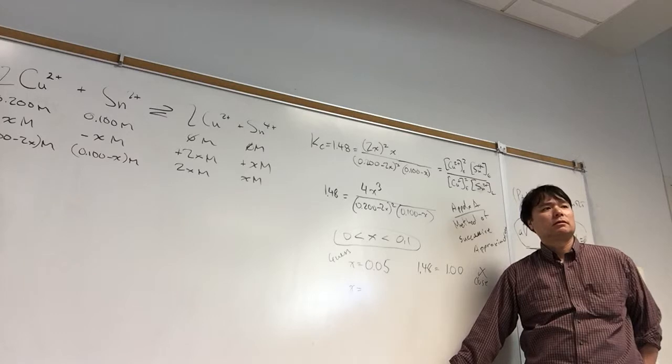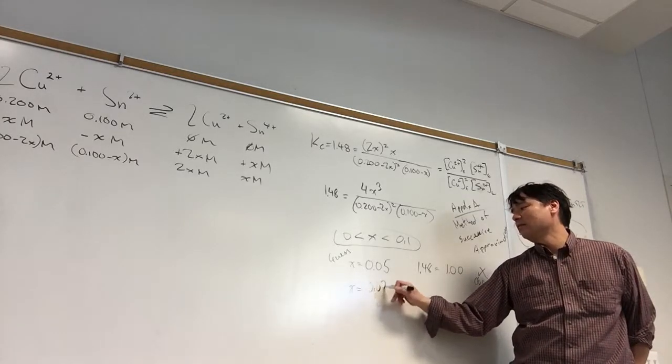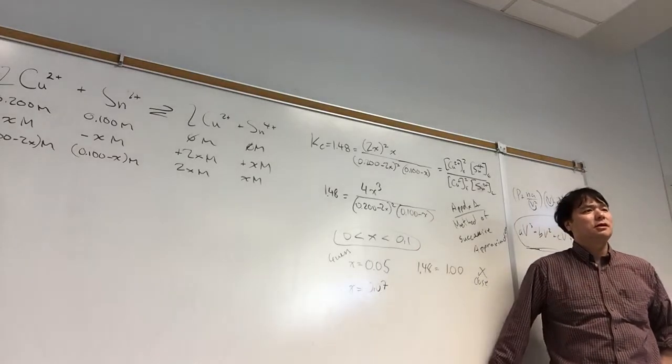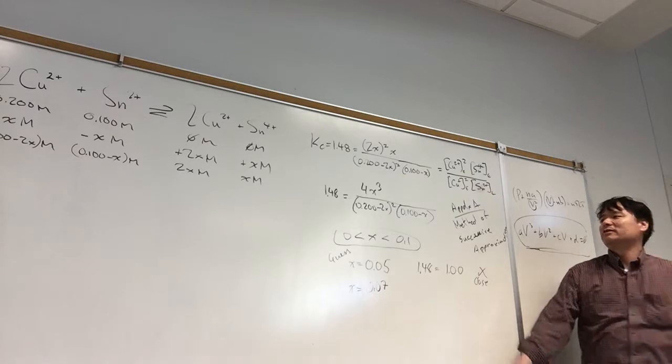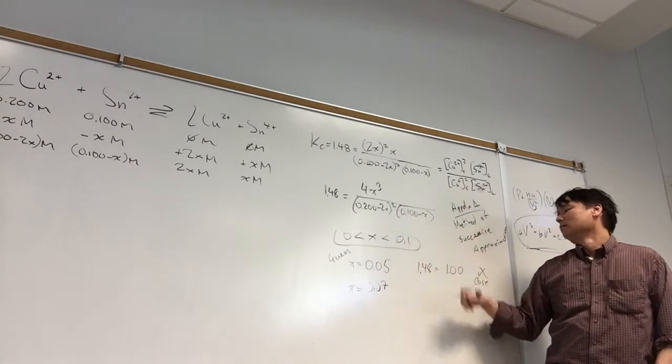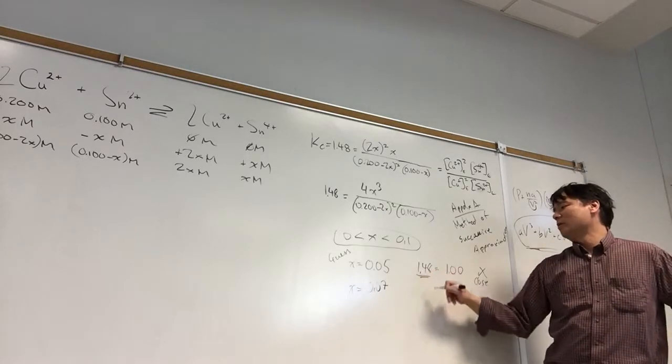Okay, let's try 0.07. We'll make it a little bit bigger and then see if it comes out closer. And so plug in 0.07 in this equation and then see. And so our target is 1.48.